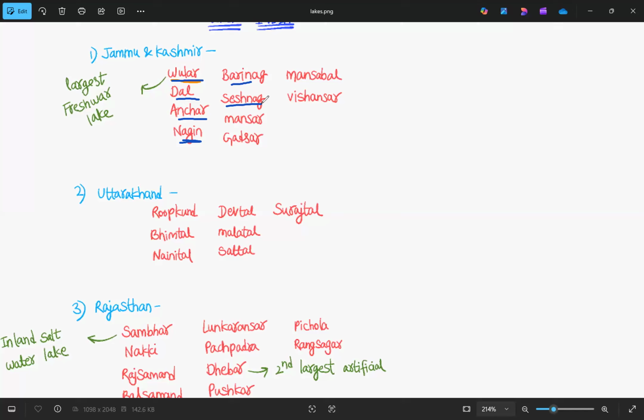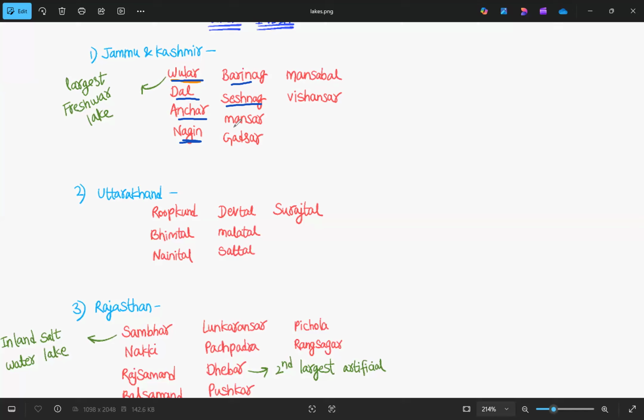What are the three Nags? First Nagin, second Barinag, and third Seshnag. And what do snakes have? They have poison, so Vish. These three lakes are located in Jammu and Kashmir.